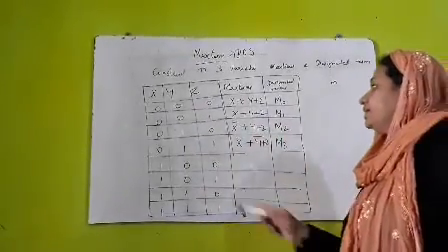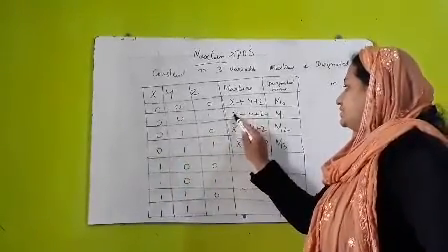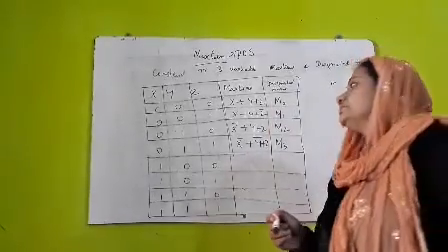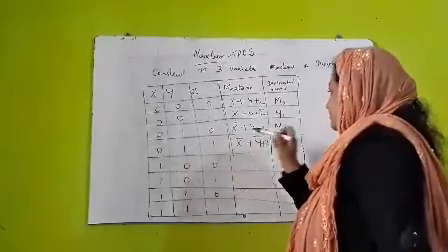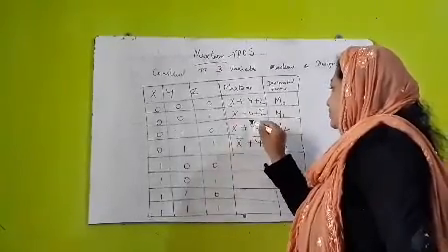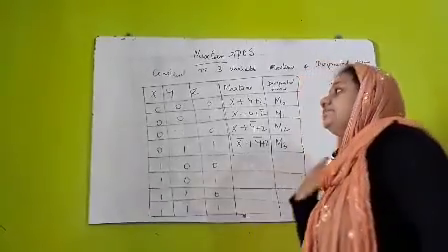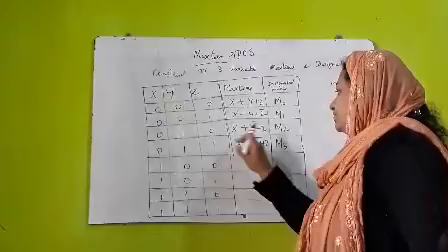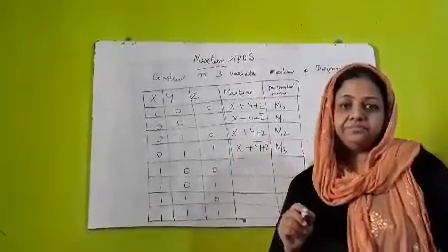And now x is 0, y is 0, z is 1. Then x is 0, y is 1 and z is 0. Then we have x is 0, y is 1 and z is also 1.